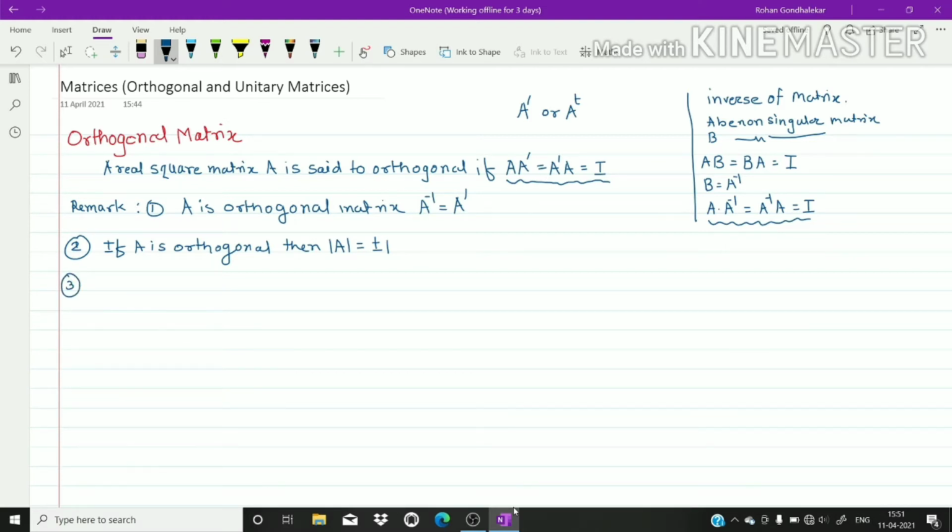Another one: if A is orthogonal, then A transpose is also orthogonal.